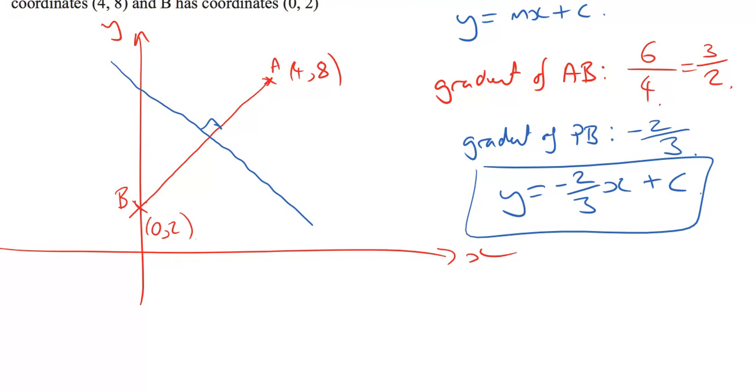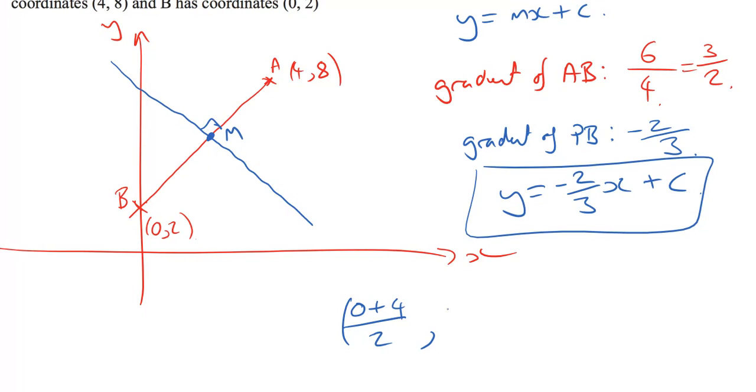Now, in order to find the c, we need a coordinate point on that perpendicular bisector. So what we need to do is find the value, let's call it M again, of that coordinate point. Well, if M is the midpoint of A to B, it's going to have the middle of the 2 y values and the middle of the 2 x values. So there is a formula for this, and we add them together and divide by 2. To work out the x coordinate, I would do 0 plus 4 divided by 2.